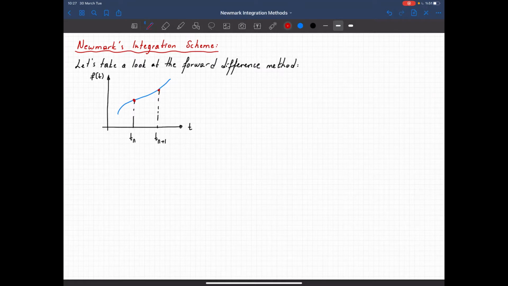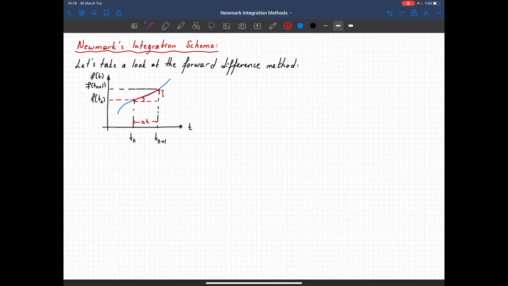We have 2 points, this distance is delta t, and we draw a line from f of t to f of t plus 1. And we were using this slope only, right?